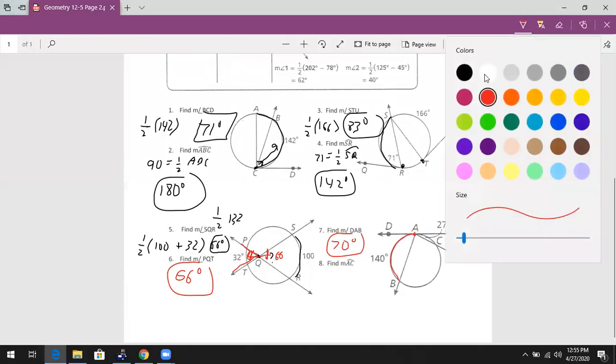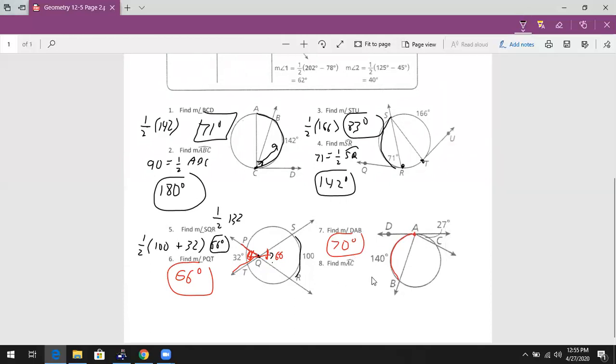And let's switch colors. What is arc AC? Well, the angle that intercepts arc AC has its vertex on the circle. So the angle is half the arc.